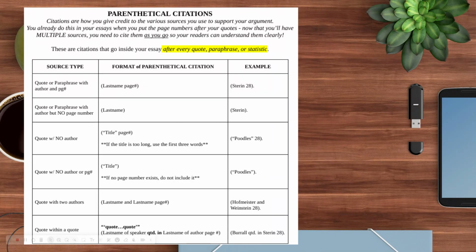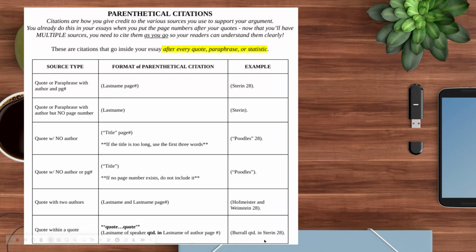All right, then the last one is probably the most tricky, but some of you have already done this before. This is when you have a quote within a quote. So let's pretend you're reading an article written by one person, and in that article they reference somebody else. In that case, what you're supposed to do is you're supposed to use the last name of the speaker quoted in, and then the last name of the author of the article that you got it from, and then a page number.